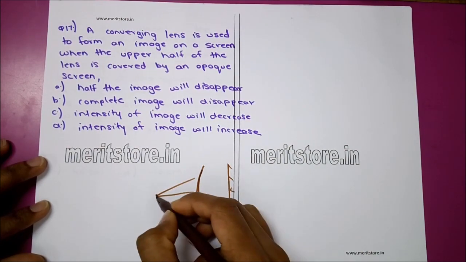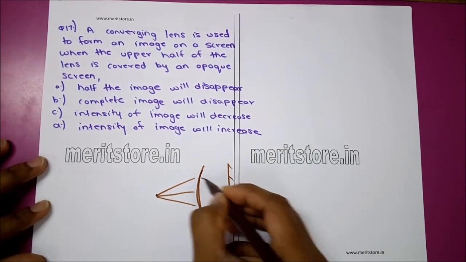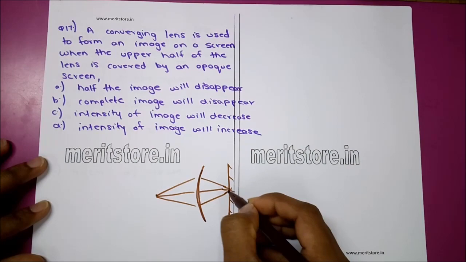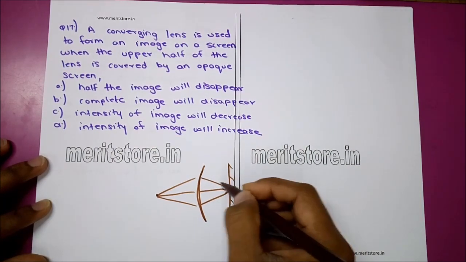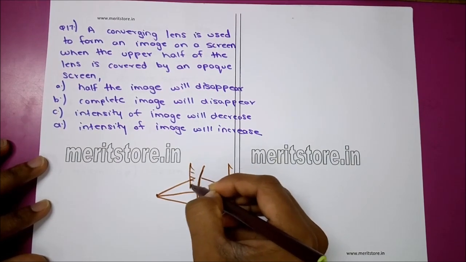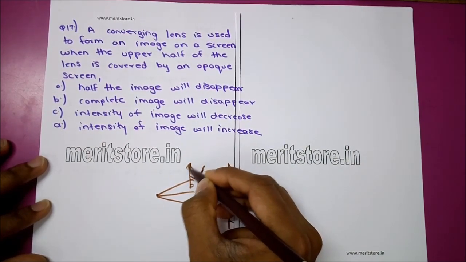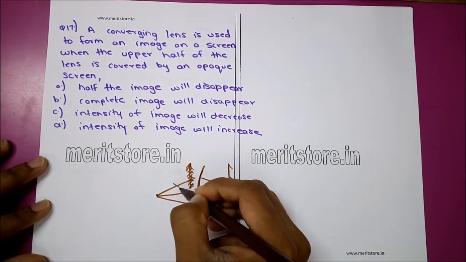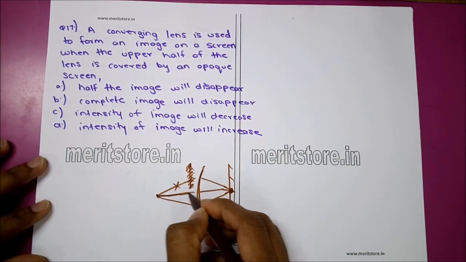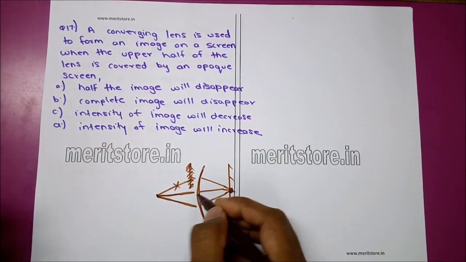Now the rays of light from the object converge at this point to form the image. However, now suppose the top half of the lens has been blocked. Since the light doesn't pass through this half, only half of the light is going.